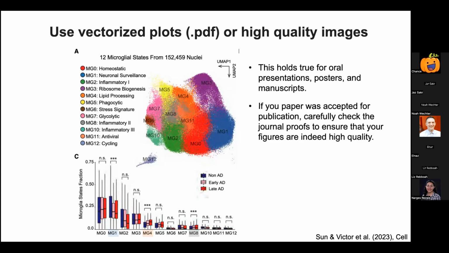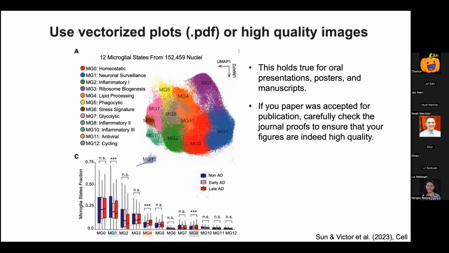That's maybe a little extra, but it's double checking that the figure isn't low quality for some reason. Because like Nargis was saying, Adobe Illustrator can sometimes introduce weird artifacts. What you do is download the whole figure as a PDF and check on that. I wouldn't do that after every change, but if this is the final version, then I'll do that, and if I see that something is messed up, I go fix it.